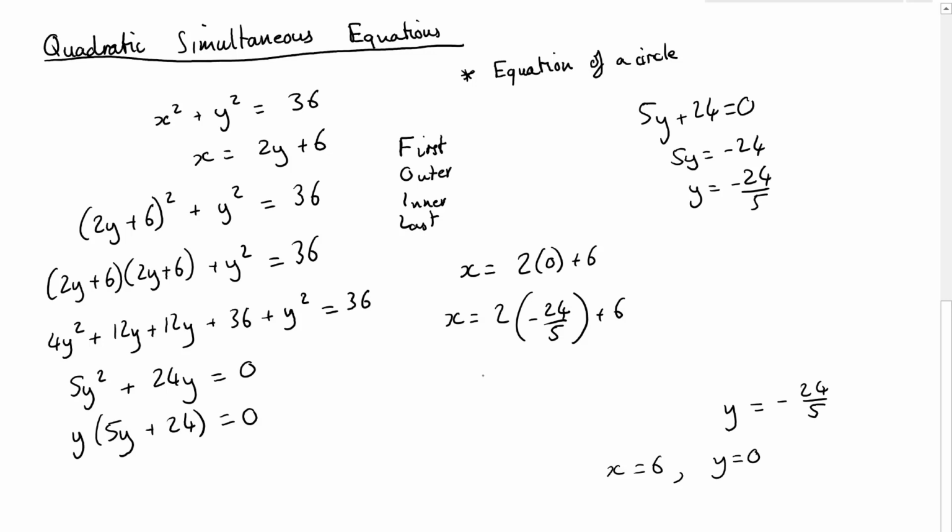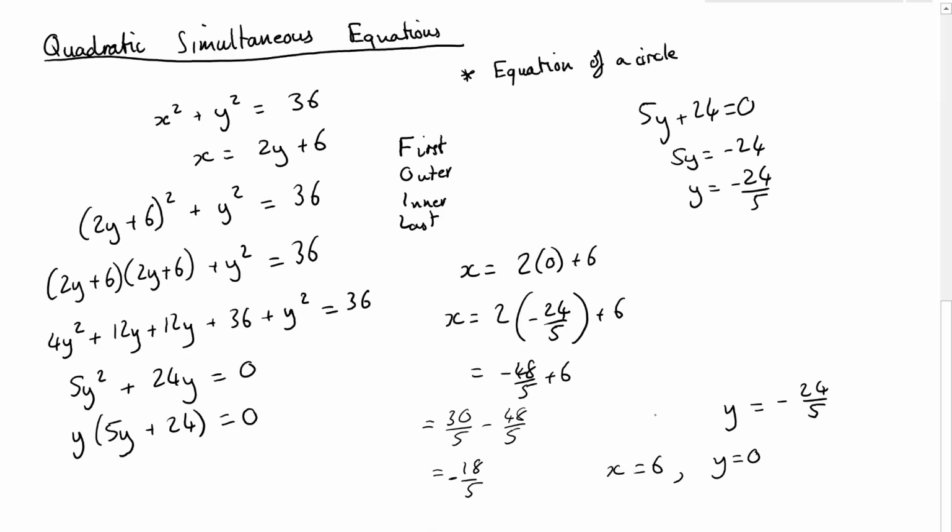Minus 48 divided by 5 plus 6, so minus 48 over 5 and then plus 6. We could change this 6 into being 30 divided by 5. This plus 6 is going to be 30 over 5 minus 48 over 5, which is going to become just minus 18 over 5.